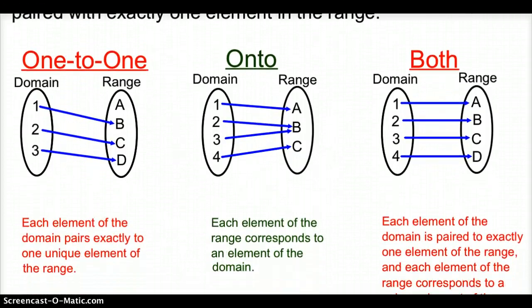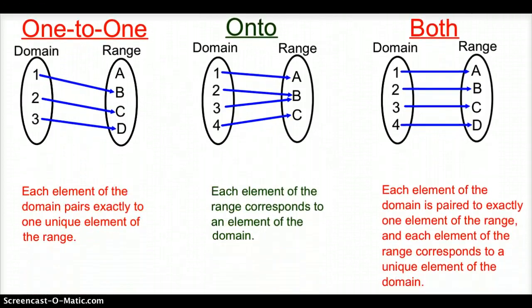So let's take a little bit deeper look into those math definitions. One-to-one: each element of the domain pairs with exactly one unique, being the keyword, element of the range. So D is unique to 3, C is unique to 2, B is unique to 1. Onto: each element of the range corresponds to an element of the domain.